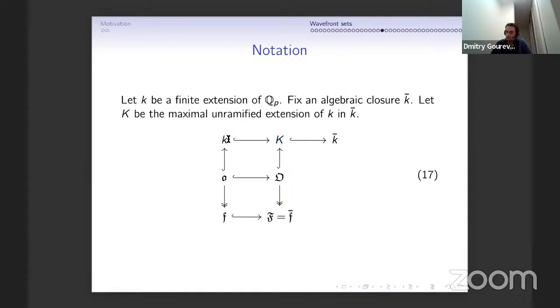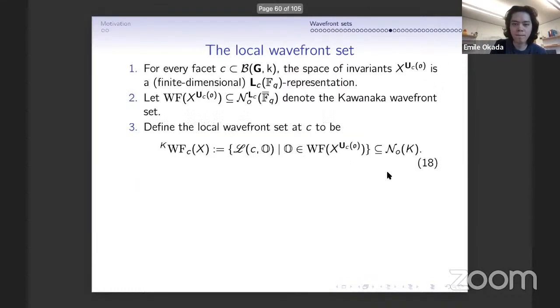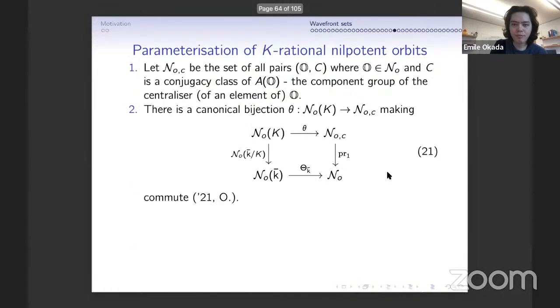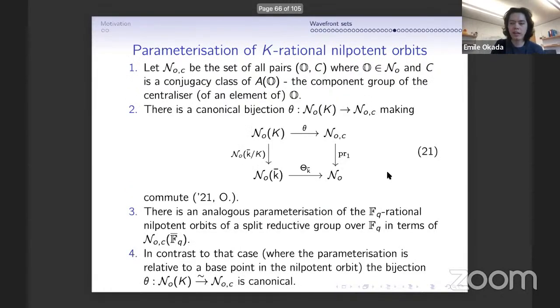So every unramified extension of K embeds into capital K. Yeah. So this is a field that crops up quite naturally, quite a bit in representations of p-adic groups. And the crucial property is this: the residue field is an algebraic closure.